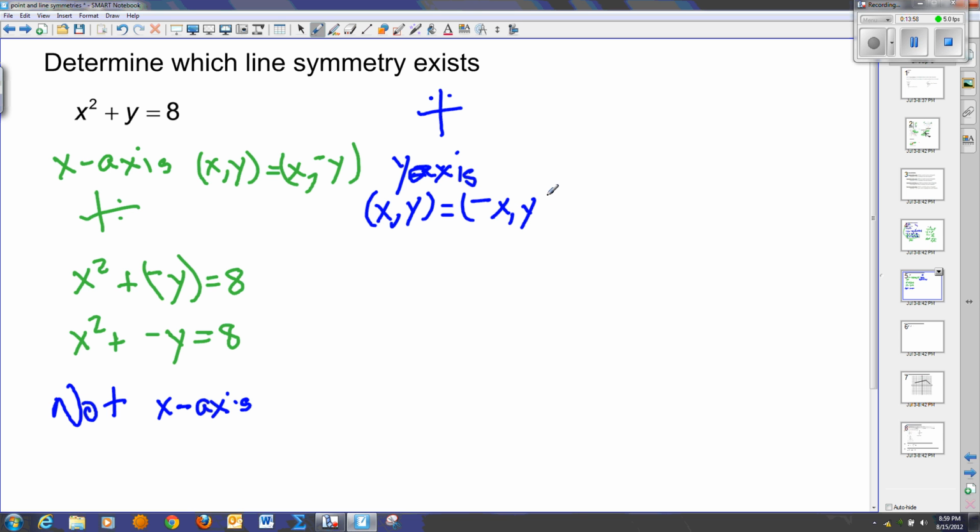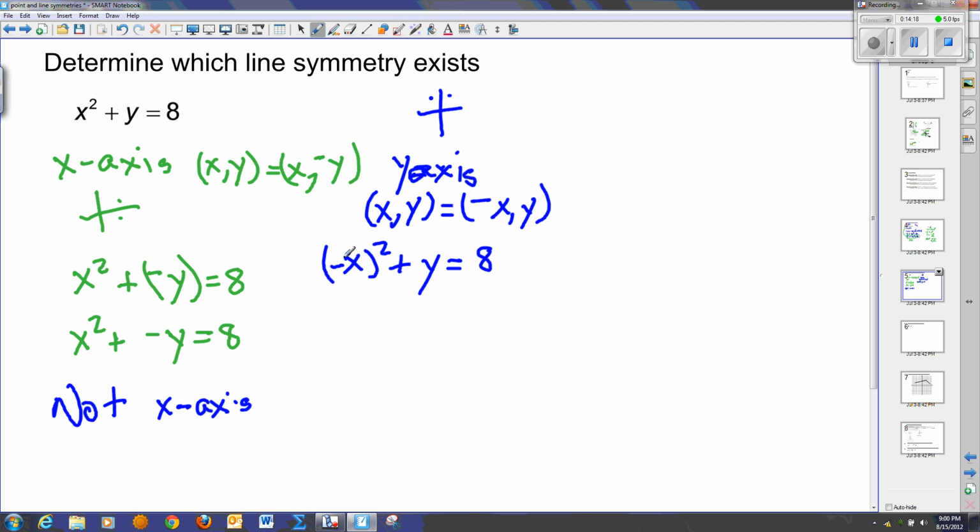So I'm going to substitute the opposite of x for x and y for y. Do that in this initial equation again. So the opposite of x for x gives me x, the negative type, square that, substitute the y for the y, get 8.